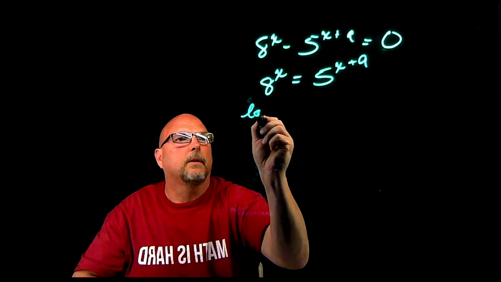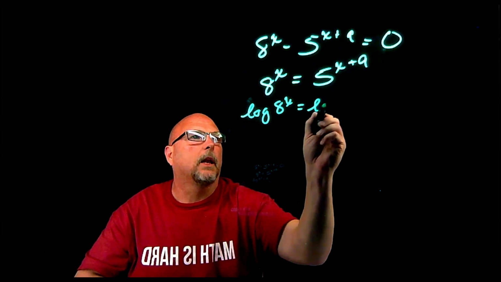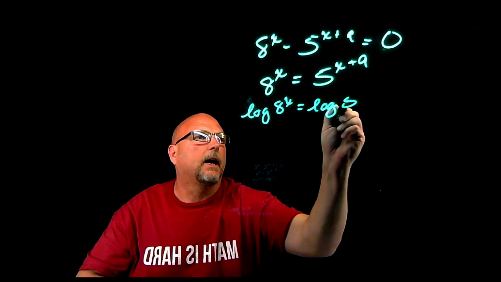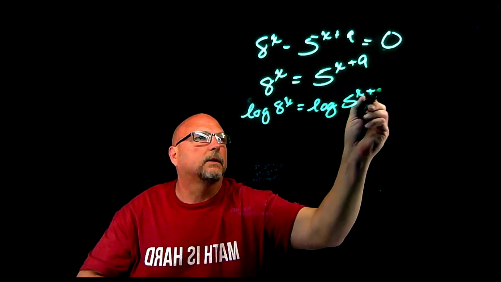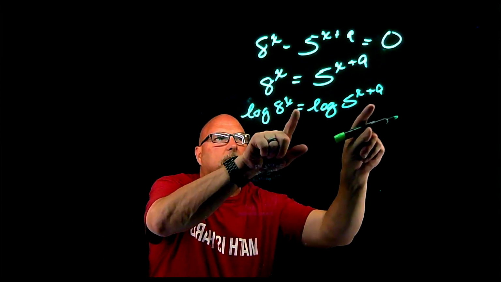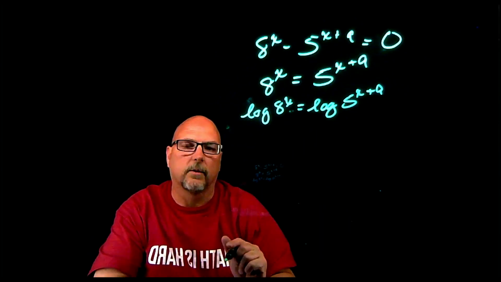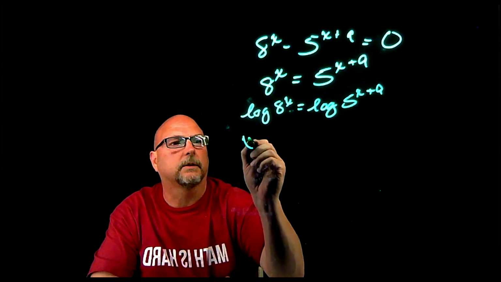So the log of 8 to the x is going to equal the log of 5 to the x plus 9. By doing this, we release these exponents to the front, so then we can solve for them.